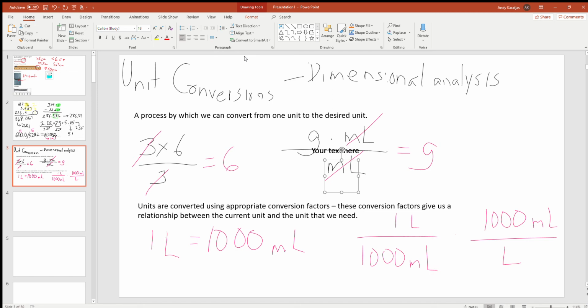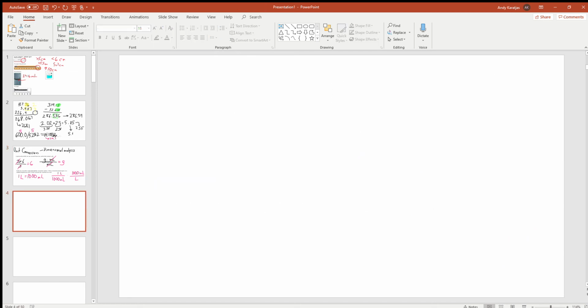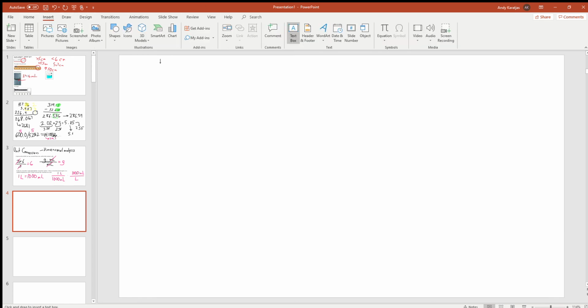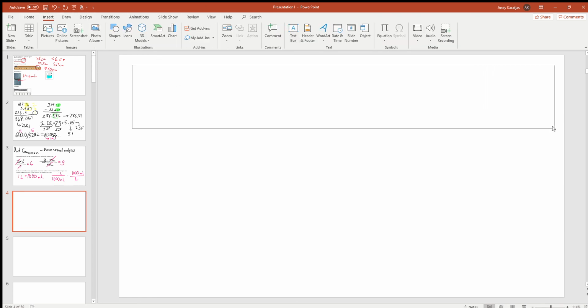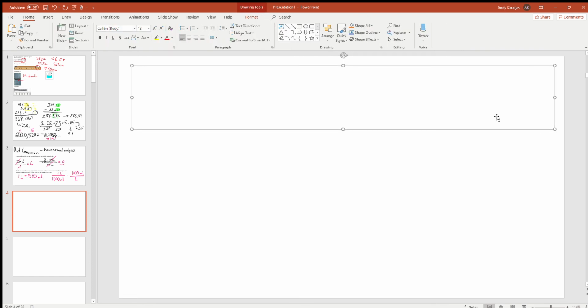So how do we do something like this? So we can go in a series of steps. Start by listing the unit that's given.